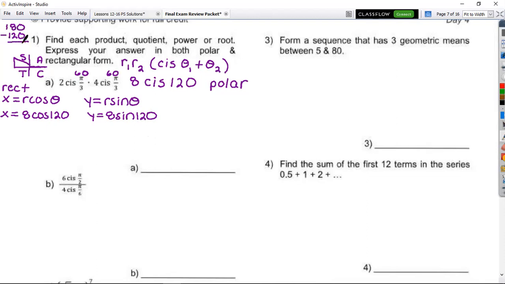So we're looking at 60. So x is equal to 8, and that's negative there. So negative cos 60. And then y is equal to 8, and then sine of 60 positive. Okay. So now's where you have to know these. So what is the cosine of 60 degrees?